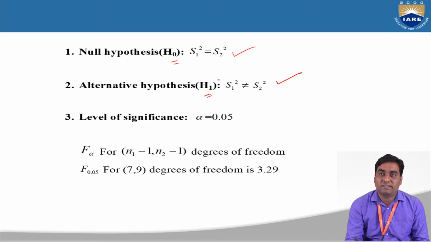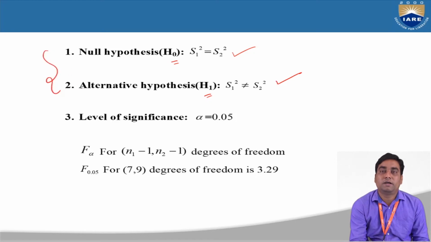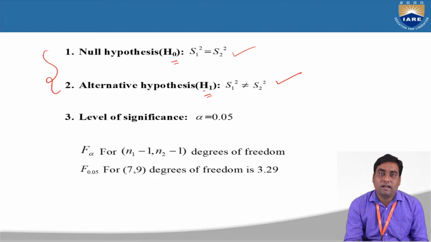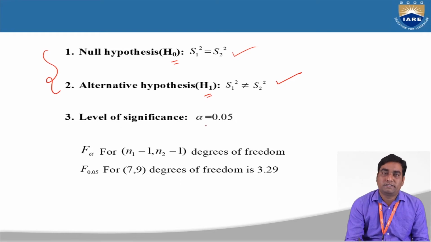These two are the null hypothesis and the alternative hypothesis. They are our assumptions only, not exact values. Now step 3, level of significance, mentioned in the question as 5%. That's why alpha equal to 0.05.